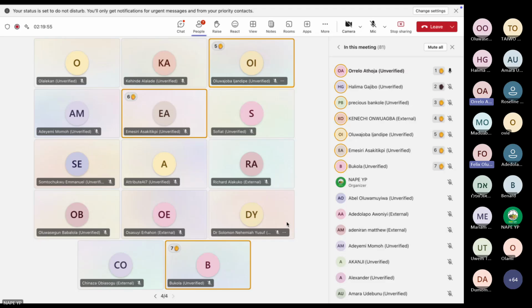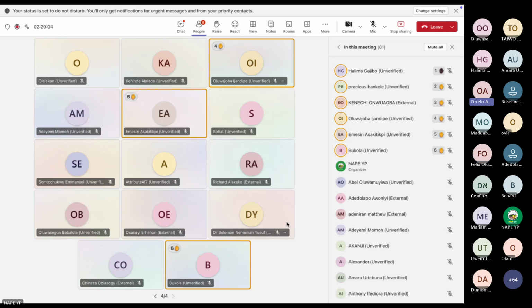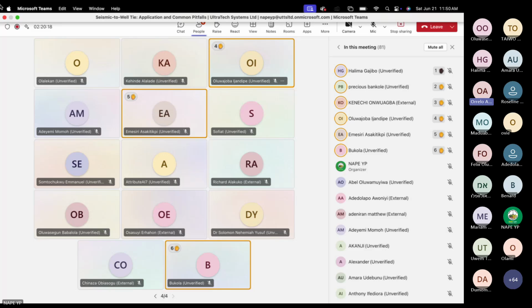So I will just focus on two areas because you've handled the issue of data quality and the data gaps and the rest. What I want to get an understanding on is extracting your wavelet from the seismic data. You talked about determining the dominant frequency from your seismic data set, but I discovered that sometimes that varies across the survey, and sometimes when you limit the extraction of that wavelet to your volume of interest, you see that the dominant frequency there will be different from what you get for the entire seismic data.